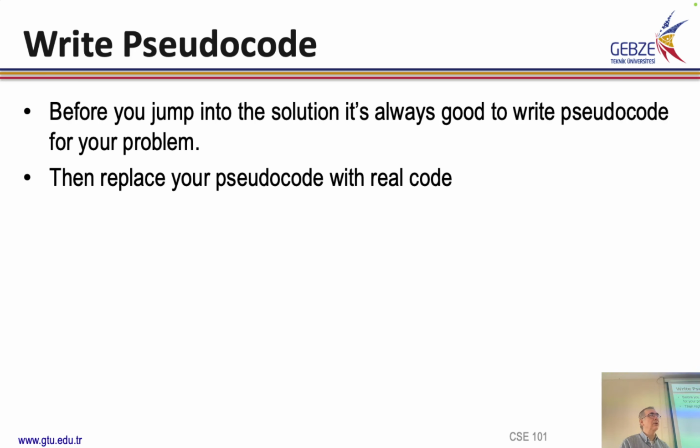So pseudocode means verbal definitions of what's going to happen in the algorithm. And this became extremely important. Pay attention, this is extremely important if you are using artificial intelligence to write code. Because when you give the pseudocode to the artificial intelligence engine, you can generate the code very successfully.